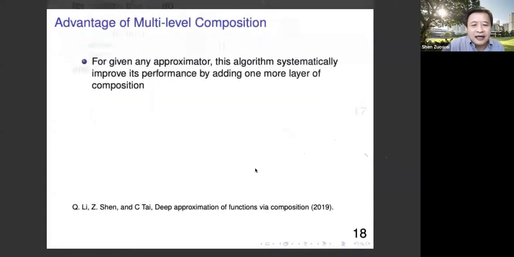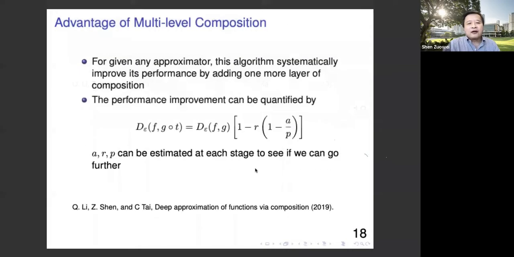So the key idea is: when do you stop? Very simple. Here epsilon_j is the level-j approximation error, and epsilon_{j+1} is the level j plus 1 approximation error.